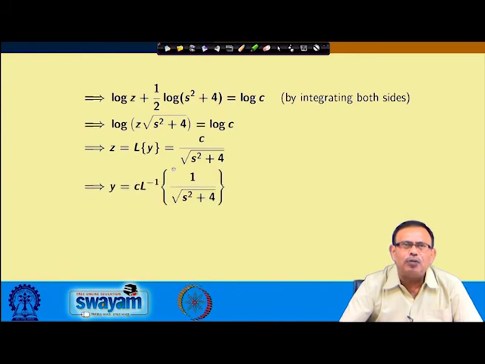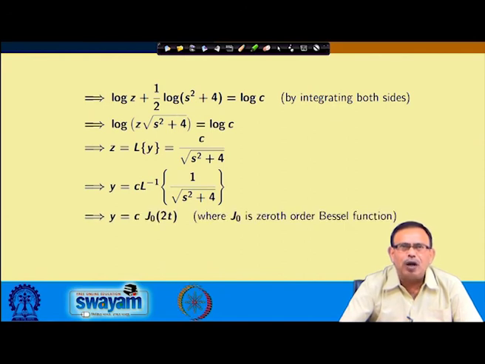So, from here y will be c into the Laplace inverse of 1 by root over s square plus 4, and J0(t) is the function whose Laplace transform is 1 by root over s square plus 4, where J0 is the 0th order Bessel function. So, y equals c into J0(t).